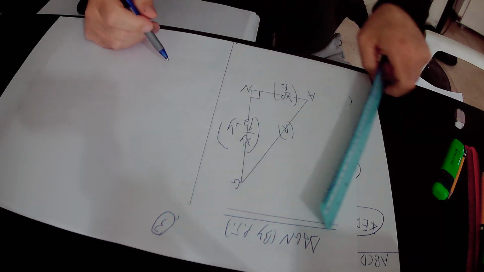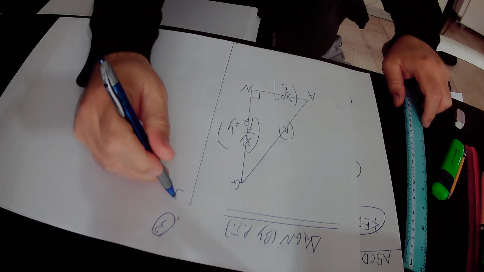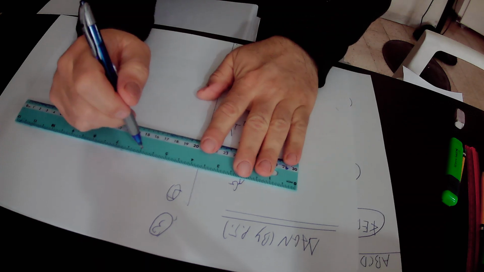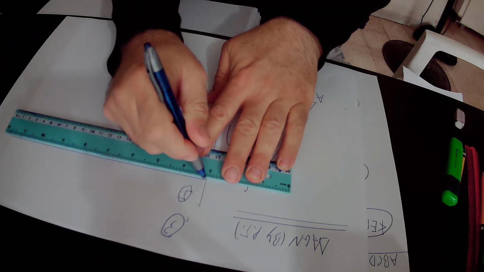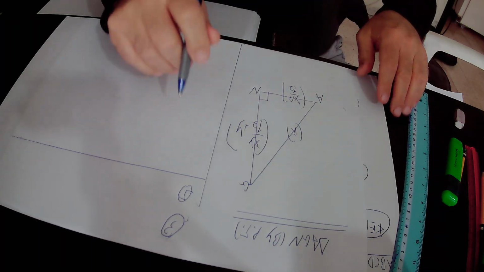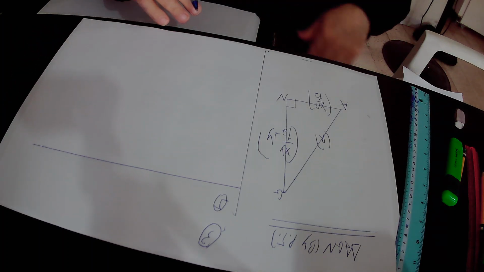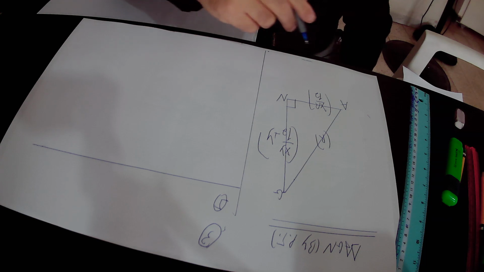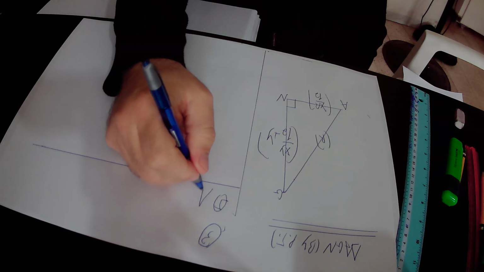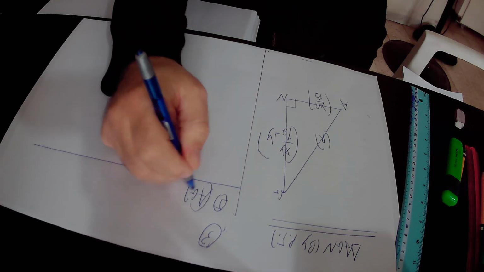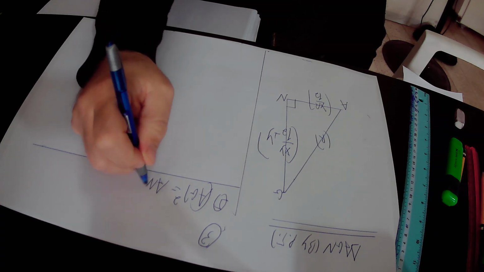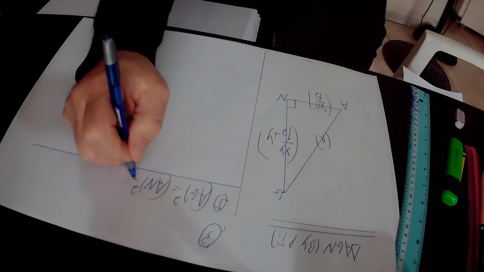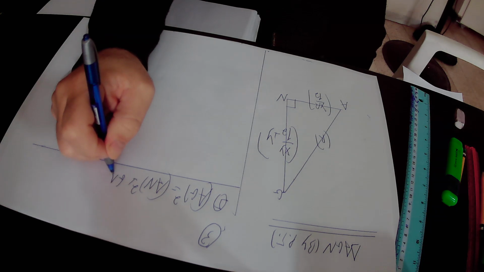So actually, according to the Pythagoras theorem, in any right triangle, the square of the hypotenuse is equal to the sum of the squares of the perpendicular sides. In the right triangle AGN, it means that AG square equals AN square plus GN square.